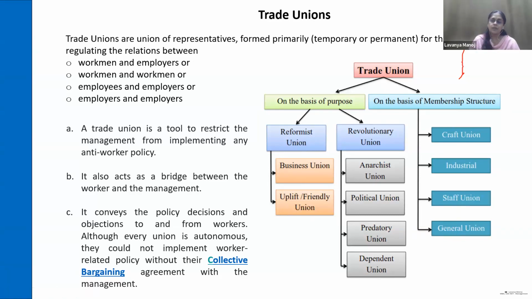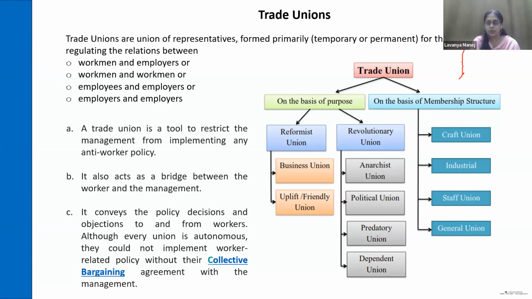Craft union is where people with a particular skill set form a union, like an artisans union, carpenters union, plumbers union, mechanics union. These kinds of unions are craft unions.